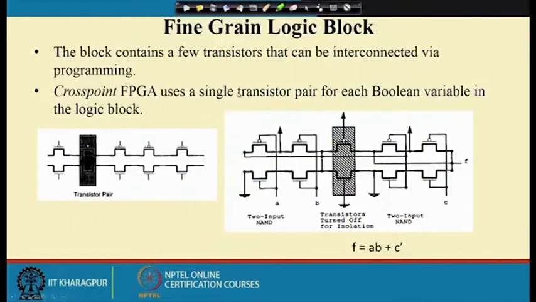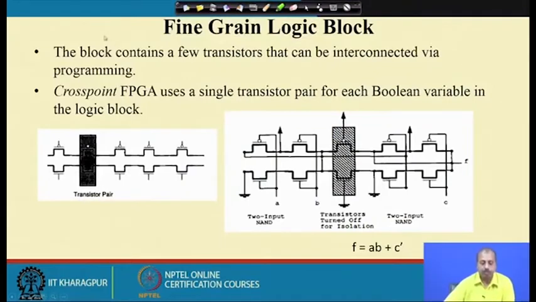First we look into the fine grained logic blocks. This is a logic block from Crosspoint. This logic block contains a few transistors that can be interconnected via programming. The Crosspoint FPGA uses a single transistor pair for each Boolean variable in the logic block: a p type transistor and an n type transistor are used for one Boolean variable.